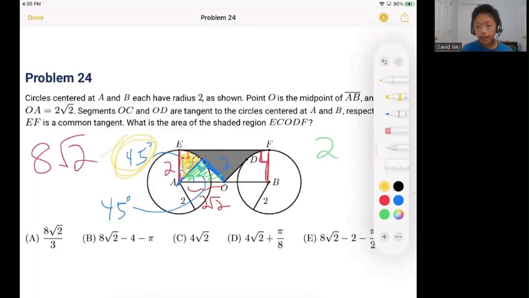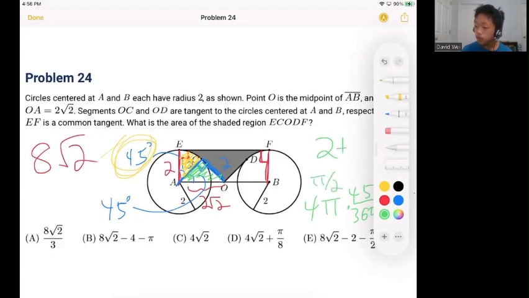The area of a whole circle would be 2 squared pi, which is 4 pi. But we're not considering a full circle, only 45 degrees of it, so we multiply by 45 over 360. If you do that math, you get pi over 2 for the area.